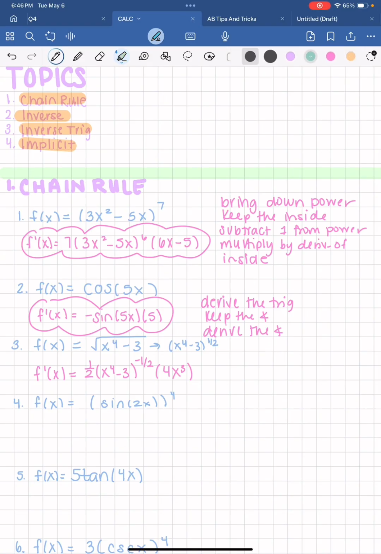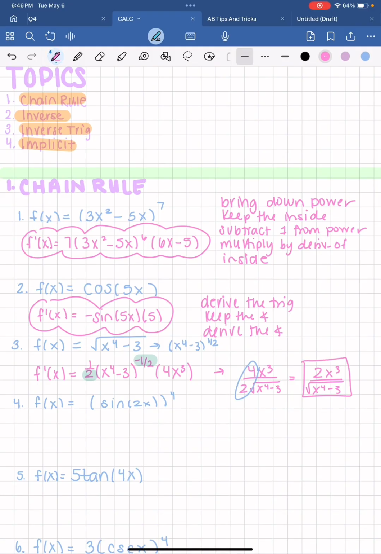So anything that I'm highlighting in green needs to drop and stay in the denominator. So we're going to have 4x cubed on top over 2 rad x to the 4th minus 3. You're going to then simplify and divide the 4 over 2, and you're going to get 2x cubed over rad x to the 4th minus 3.